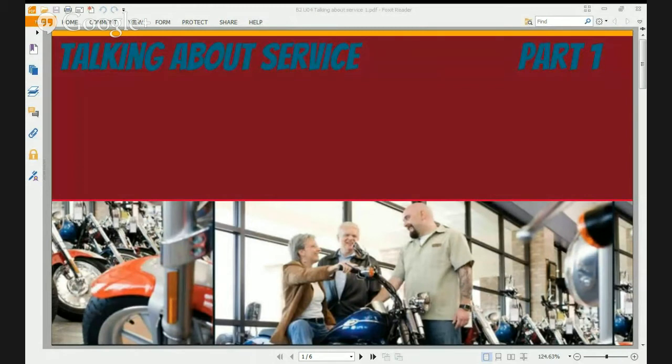In order to start coming up with vocabulary about our topic, which is service, think about the relation between the dealer, the guy with the tattoo, and the couple on the motorcycle. Think about their relationship. What are we seeing in this picture that talks about service? What kind of service? How is the service? Think about that.